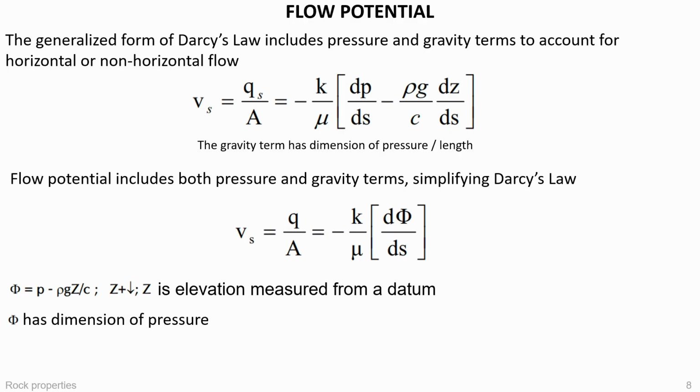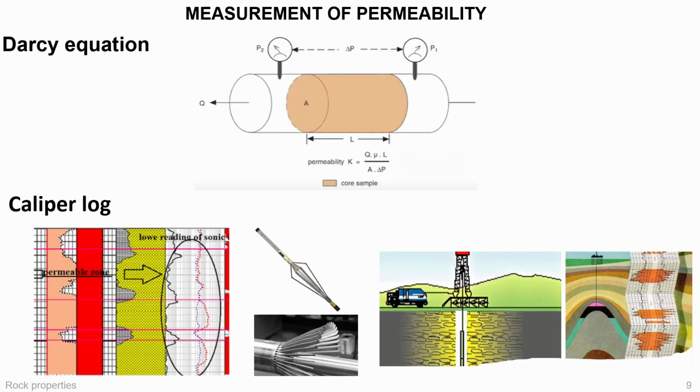Reservoir engineers often combine these terms into a single potential so that Darcy's law becomes easier to apply in non-horizontal systems. This slide signals that permeability measurement depends on flow rate, pressure drop, geometry, and fluid viscosity.